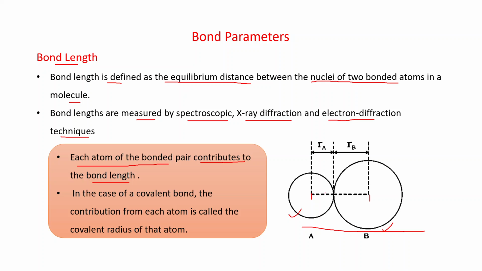In this bond length, RA represents the contribution of atom A, and RB represents the contribution from atom B. In the case of a covalent bond, the contribution from each atom is called the covalent radius of that atom.